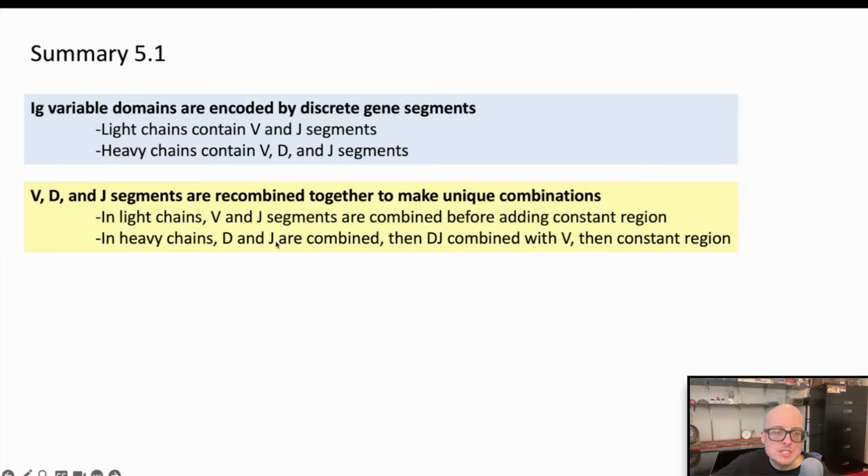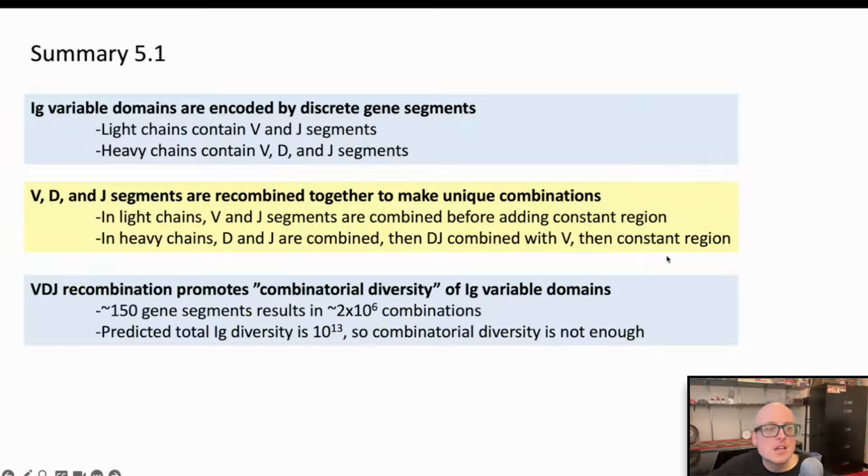In the light chain, we simply put V and J together before ultimately adding our constant region during RNA splicing. Whereas in the heavy chain, we first recombine D and J, and then we add that to V to form a functional exon that encodes the variable region, and then the constant region is spliced on as well.